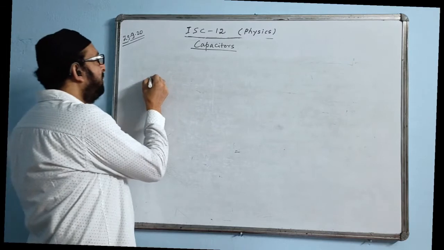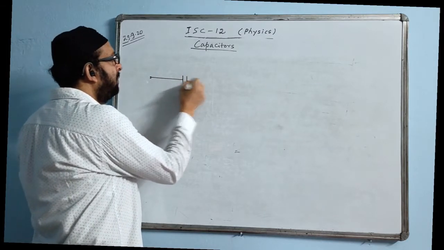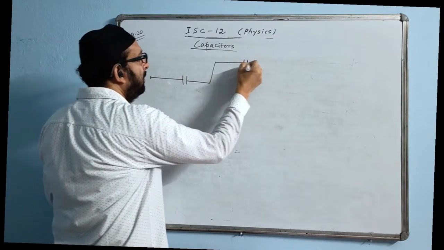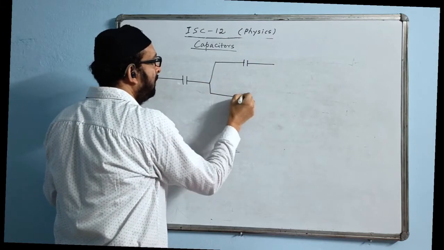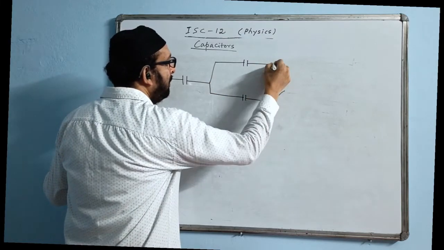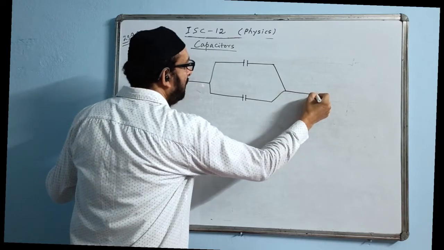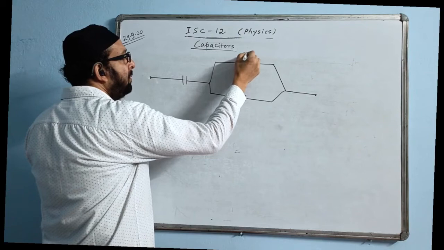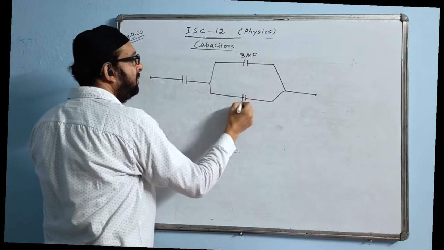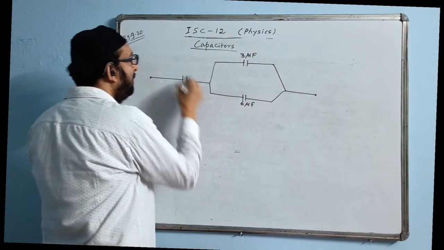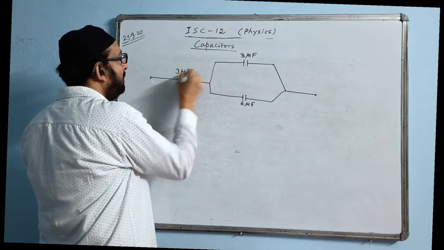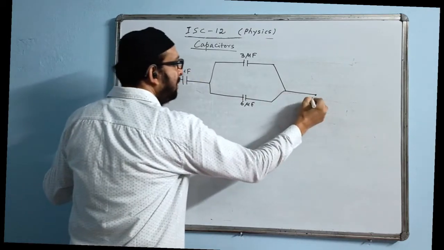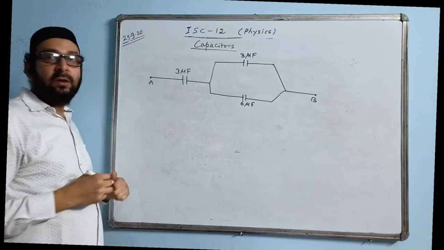And they have given a circuit like this. This is 3 microfarad, this is 6 microfarad, this is 3 microfarad given like this. You have to find the total capacitance.